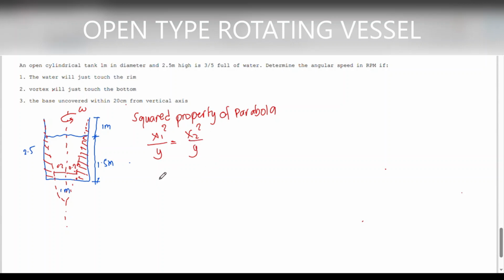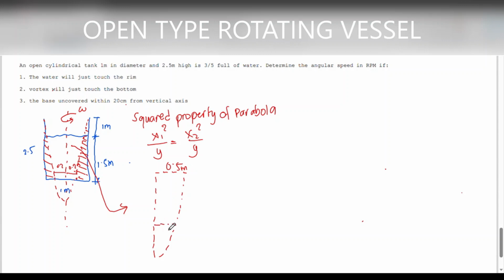So we can actually get a parabola from our drawing. So this is the parabola. We'll just take the half of this one and it will look like this. So this is actually the radius. Since our tank has 1 meter diameter, this will be 0.5 meter.